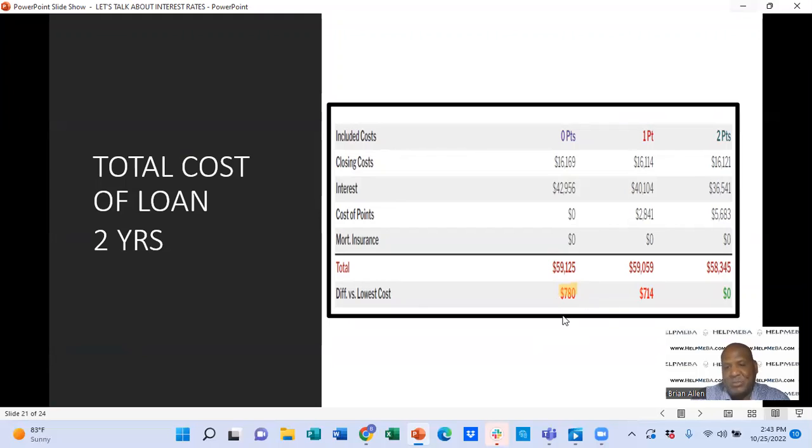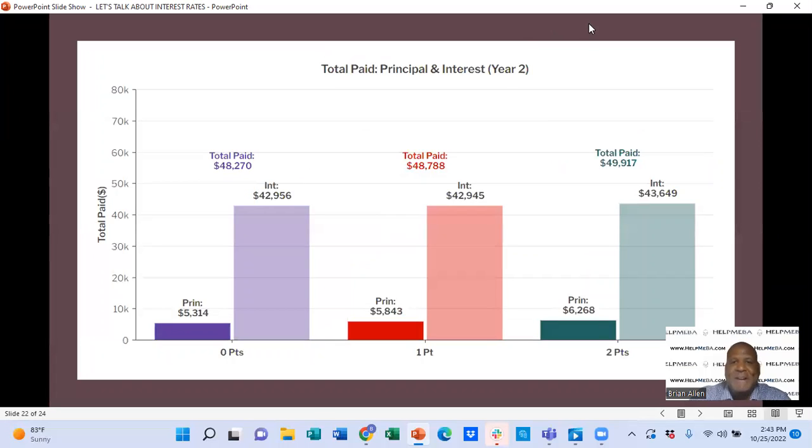Now you see it's really only a $780 difference between 0 points and 2 points as far as cost. And if you're saving yourself $2,800 or $5,600, then this is going to be the right option for you, again, because within 2 years you're going to be refinancing. That's real time. This is what I would be telling someone today looking for a loan.